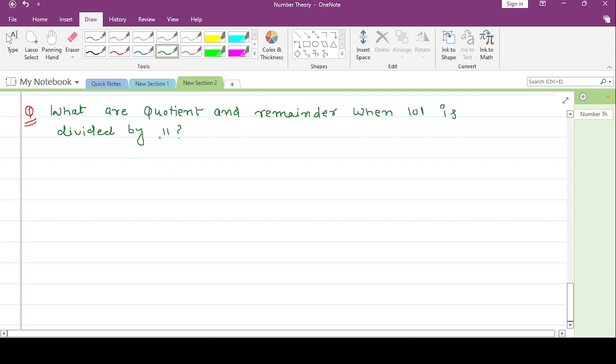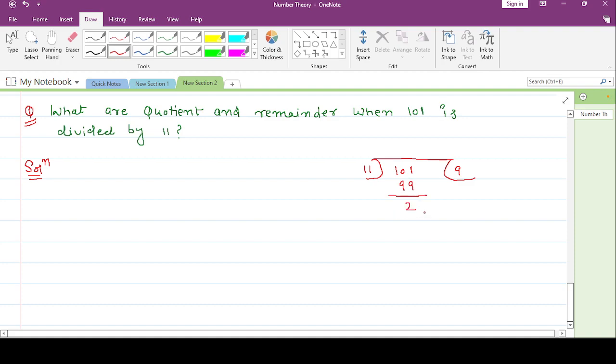So this is the problem which we want to solve. Solution: you see here that we write 101 first of all and we want to divide it by 11. So 11 nines are 99. So what is the remainder here?